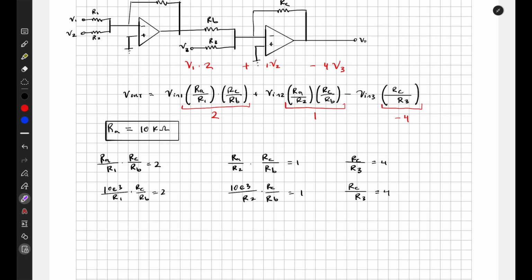So let's just look here. There's an RC here, an RC here, and an RC here. So I'm just going to make this initial guess really fast, and this is what the textbook does. It makes the guess to set RC equal to RA, which we made the guess for before, with 10 kilohms.